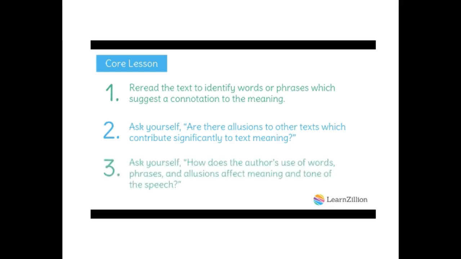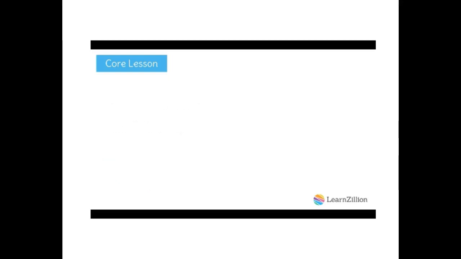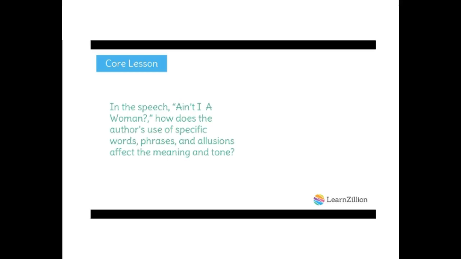And then in step 3, ask yourself, how does the author's use of words, phrases, and allusions affect meaning and tone of the speech? My question to keep in mind is, in the speech, Ain't I a Woman? How does the author's use of specific words, phrases, and allusions affect the meaning and tone?